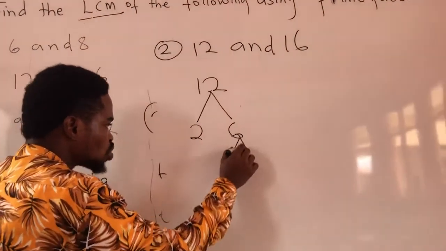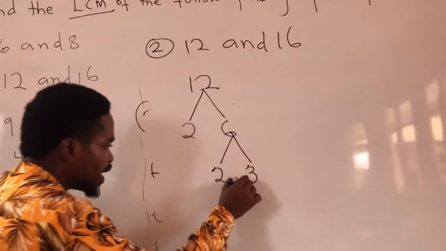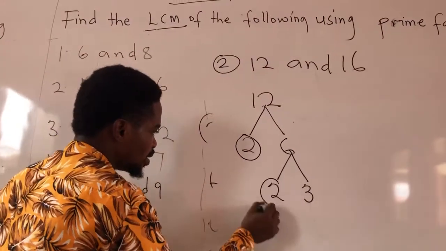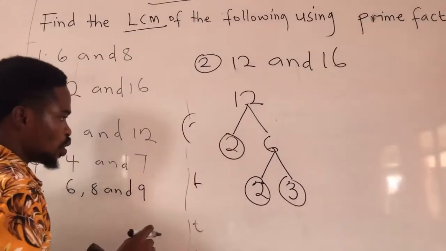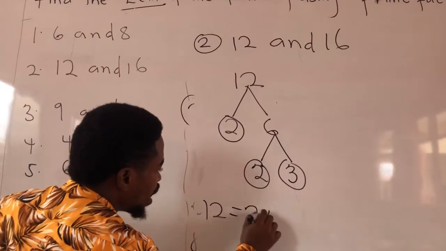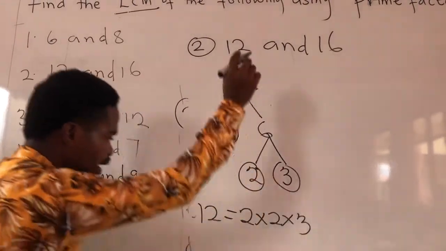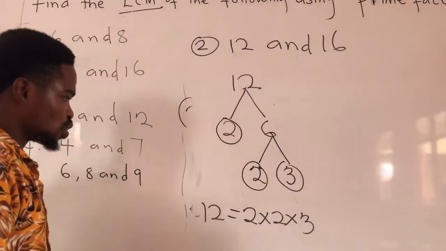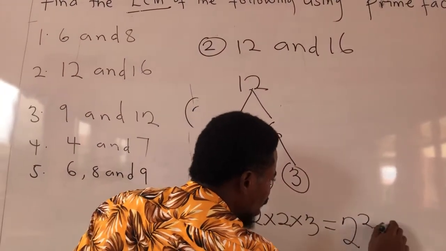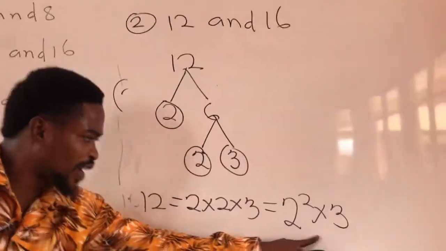And we bring this one down. 2 times 3 will give us what? 12. So we're looking for this, and this, which can be written as 2 times 2 times 3, which will give us 12. Or 2 raised to the power 2 times 3 under prime factorization.